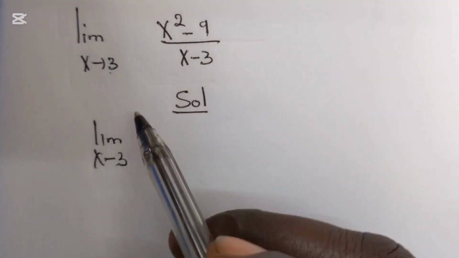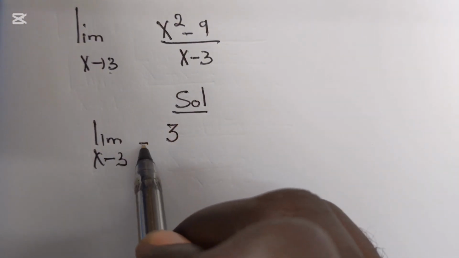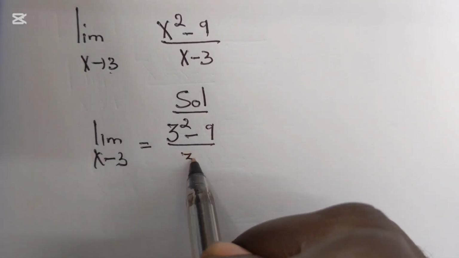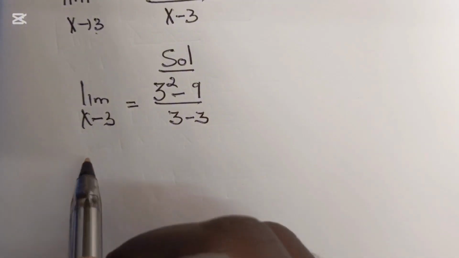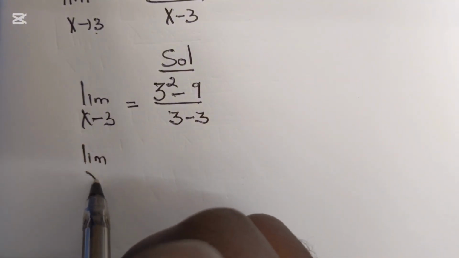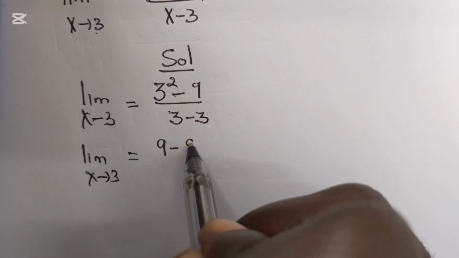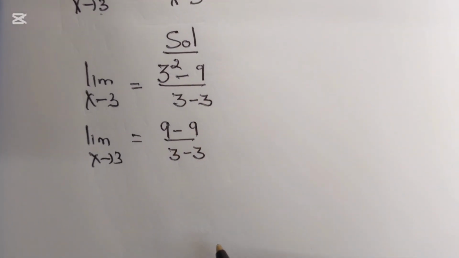We're going to replace the value of x as 3, equal to 3 squared minus 9 over 3 minus 3. This is equal to 9 minus 9 over 3 minus 3.